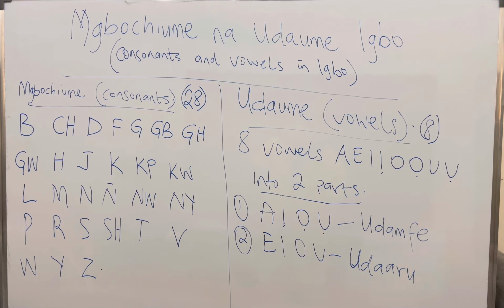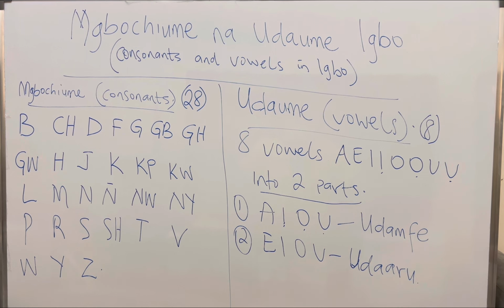Starting from B, Chi, De, Fe, Ge, Be, Re, Gwe, Hi, Je, Ke, Be, Kwe, Le, Me, Ne, Nye, Nwe, Nye, Pi, Re, S, Sh, Te, Vi, Wi, Ye, Ze.